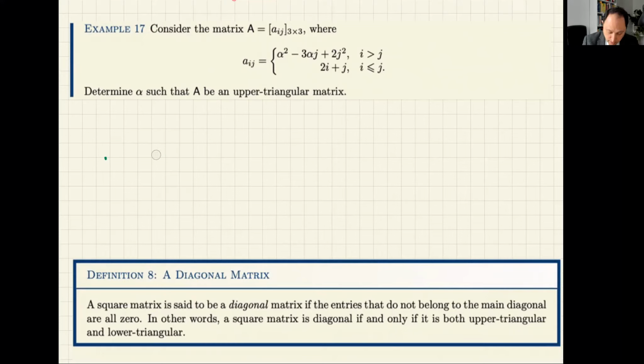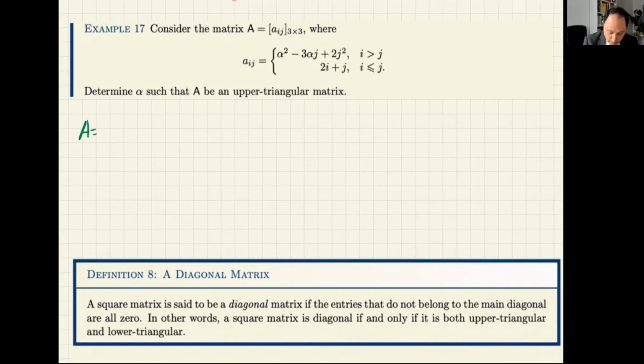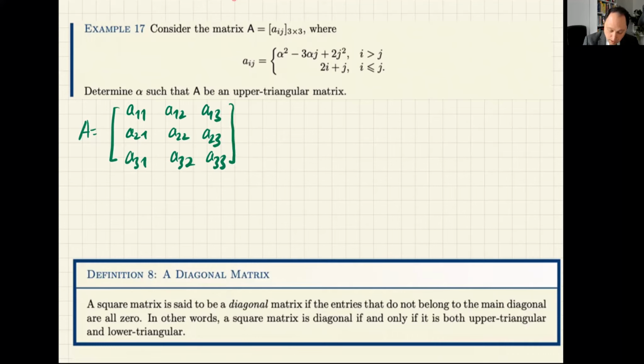So I would write it's a 3 by 3 matrix. So it is A11, A12, A13, A21, A22, A23, A31, A32, A33, yes? So here, the main diagonal is this one.